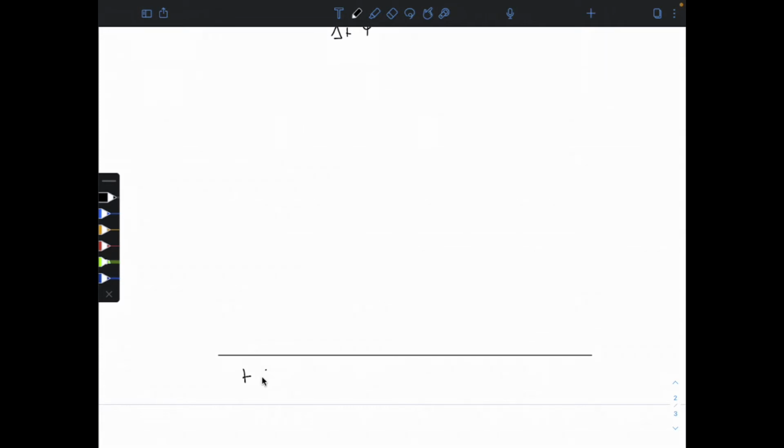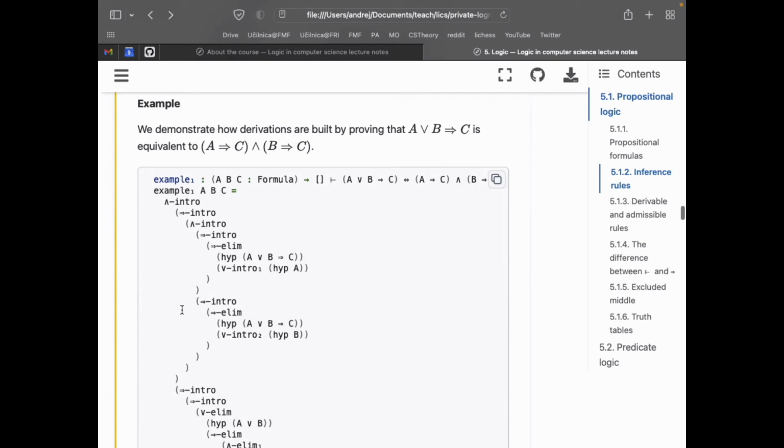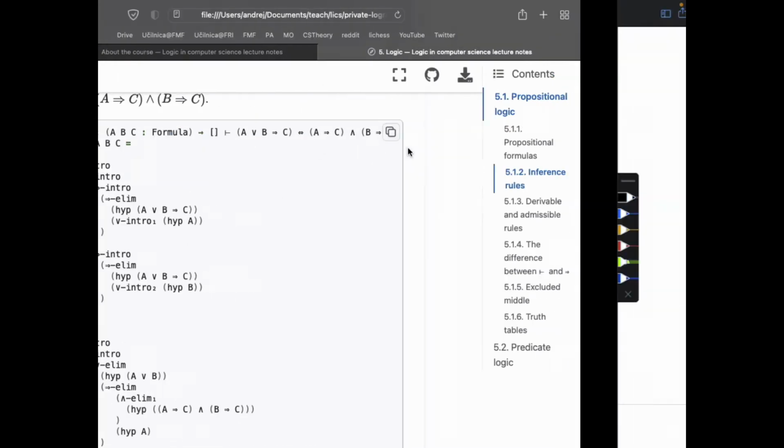Okay, suppose I want to show that if A implies C and B implies C, then A or B implies C. I want to show you one derivation tree so that you have it in front of your eyes, and this derivation tree is going to be like half of this derivation tree here, because this one is actually proving the equivalence, and we will just do one side.